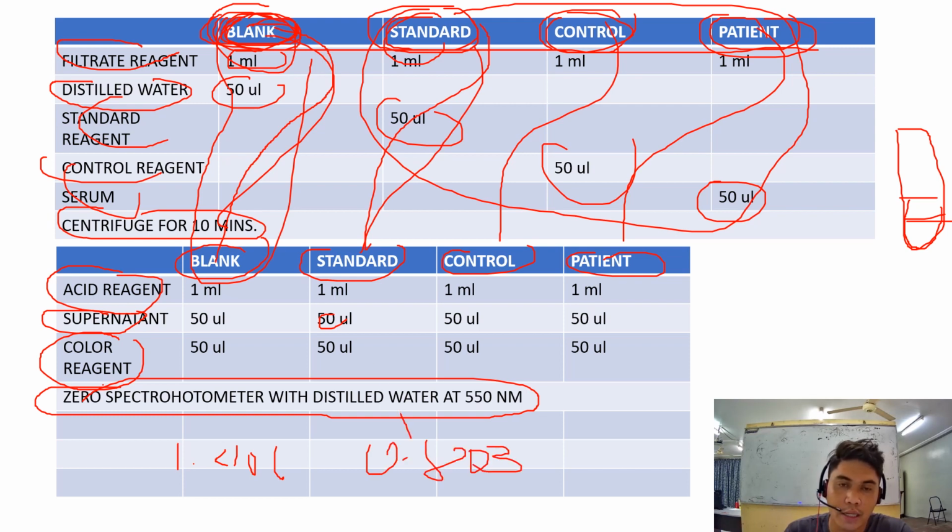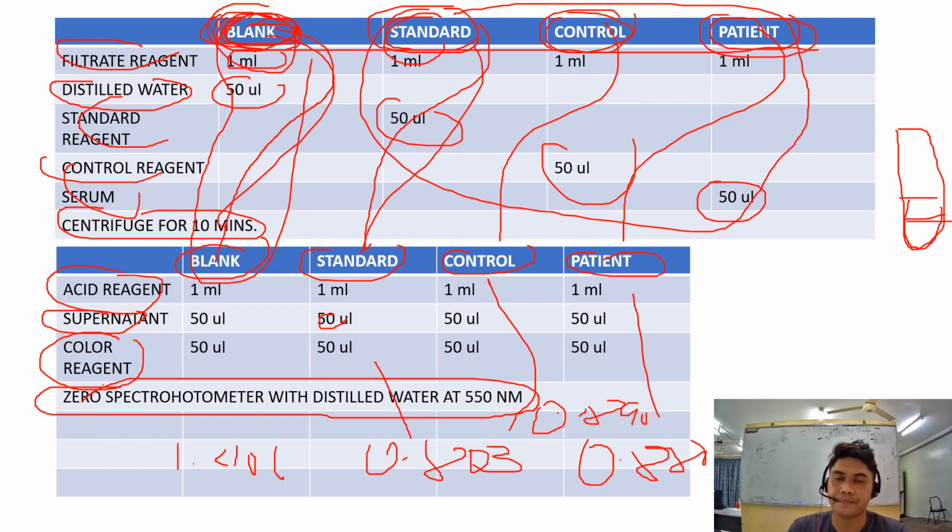For patient, it's 0.880. And for control, it's 0.890. So take note of the blank absorbance reading.